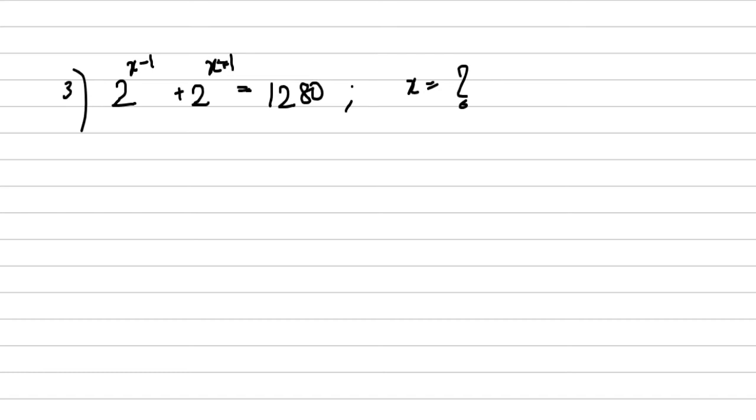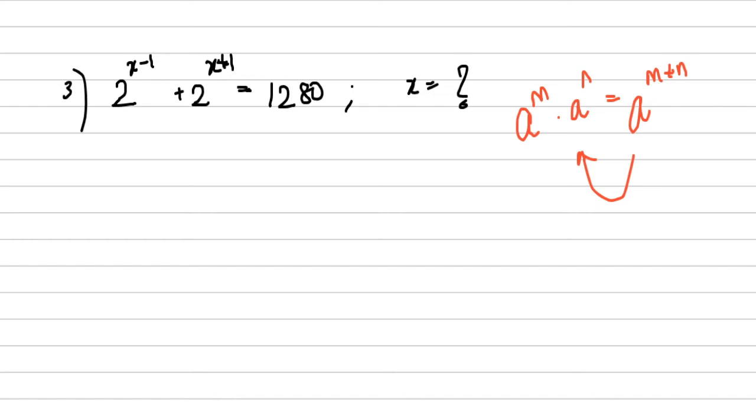Here you have to use the inverse of something. You already know that a to the power m multiplied by a to the power n can be written as a to the power m plus n. And here it is like the inverse of it. You have a to the power m plus n, and you are going to represent it as a multiplication of the base with the powers individually.